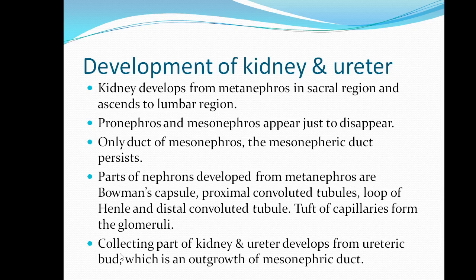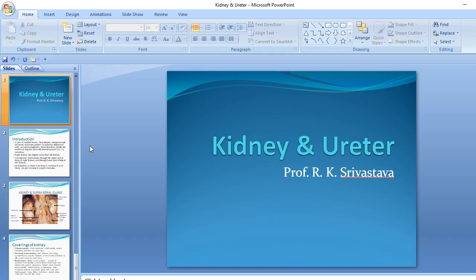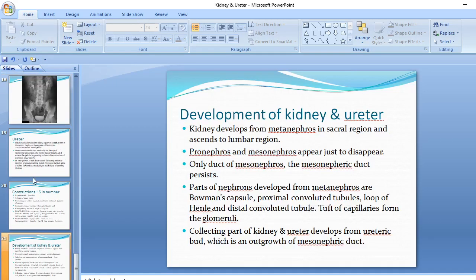The collecting part of the kidney and the ureter develop from the ureteric bud. This ureteric bud is an outgrowth of the mesonephric duct. So that is all about the kidney and ureter, and its visualization by ultrasound and by intravenous pyelography.